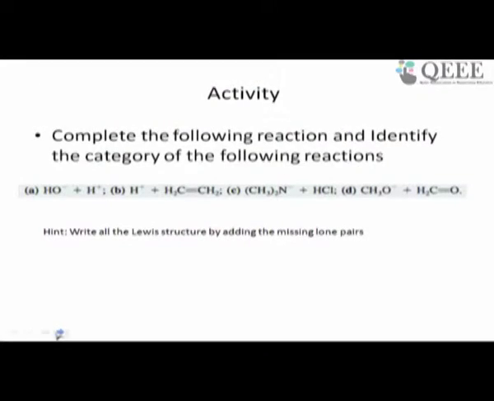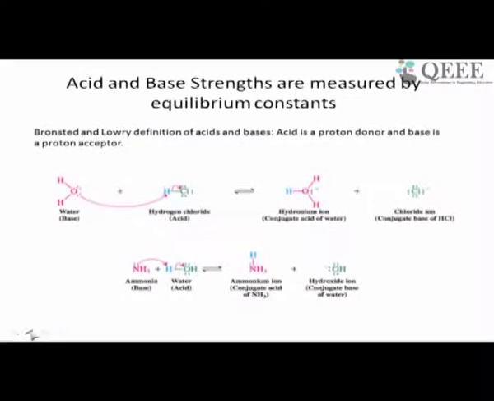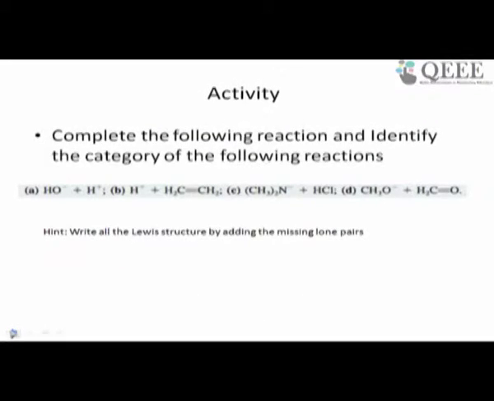So you can do a small activity to understand these organic reactions. First, you need to denote the reaction and then show the flow. First write the Lewis structures, with missing lone pairs, and then you have to show the flow of electrons. So I will write it.